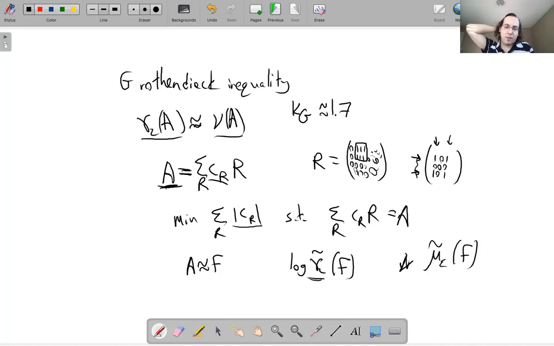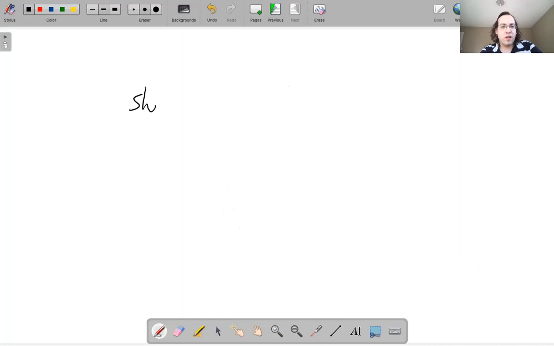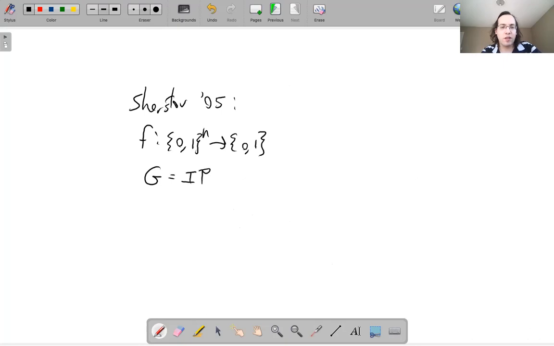One very nice application, though, is for a lifting theorem by Sherstov. Sherstov, in maybe 2005, I think, showed that if you have any query function and you take a simple communication gadget G, like the 2-bit inner product function, let's call it IP2.